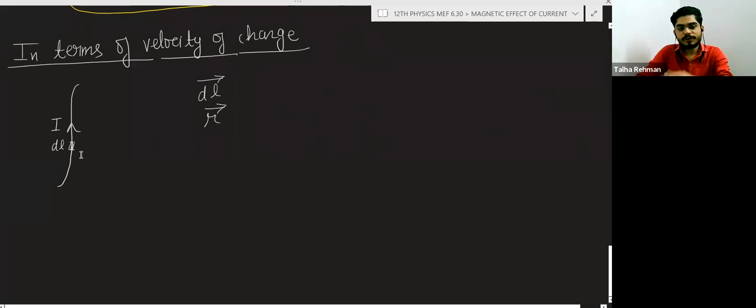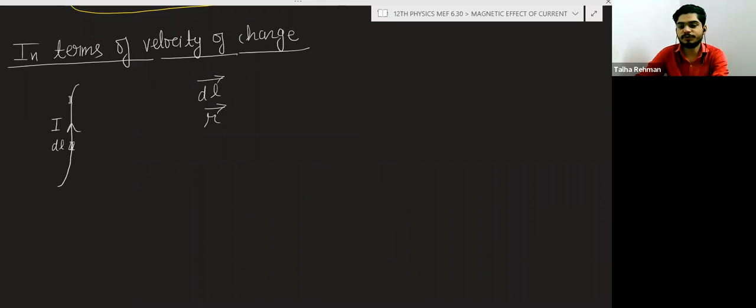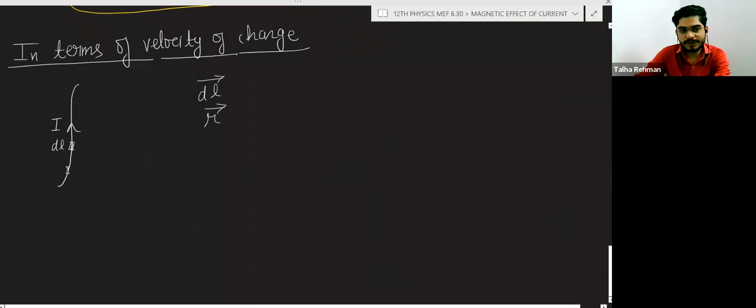Now what is the meaning of velocity of the charge? Current is the flow of charge per unit time. Means the current is flowing in this wire, so you can say the charge is flowing in this wire per unit time. Current is simply the charge in motion. So when the current I is flowing in this wire, charge will also flow in this wire, and in this dl length also there will be a charge flow.